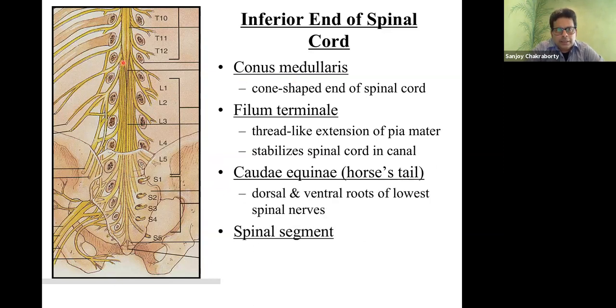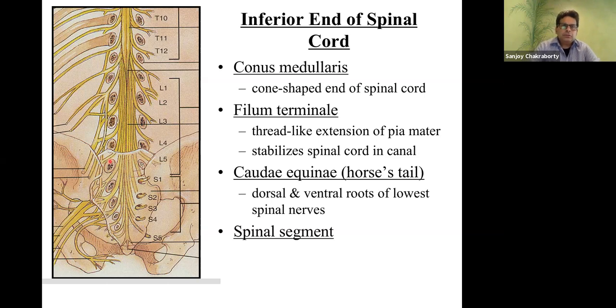So if you look here, the true cord keeps going and extends a maximum up to the L1, L2 region right here. That area we call the conus medullaris. At the bottom part, the spinal nerves keep exiting at the appropriate level to the body, and they appear like a horse's tail, or ponytail.